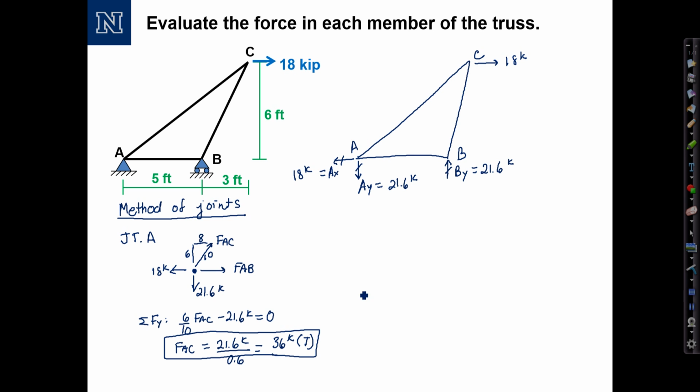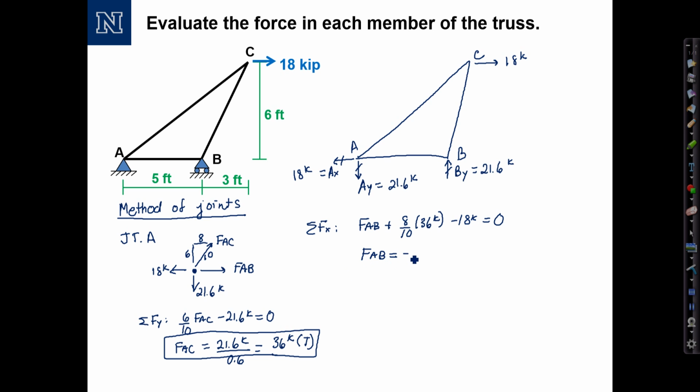Okay, now to solve for FAB, let's apply the sum of the forces in x equal to 0. What do we know? We have FAB, we have 8/10 of the force FAC, which we now know to be 36 kips, and we have minus 18 kips acting leftward. Set that equal to 0.